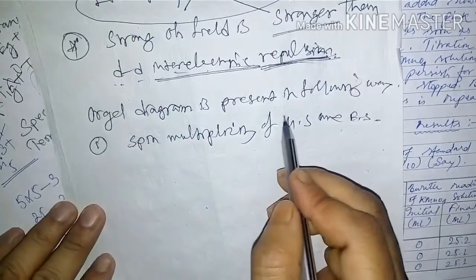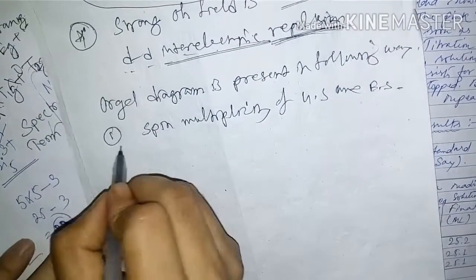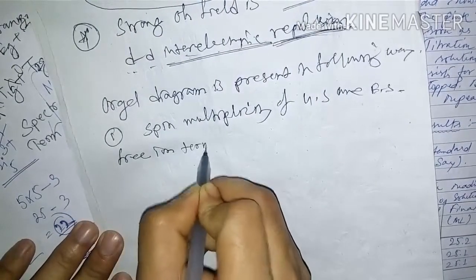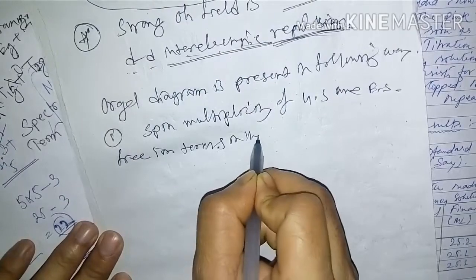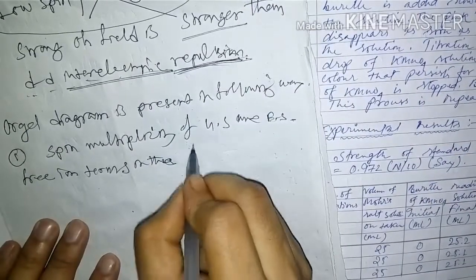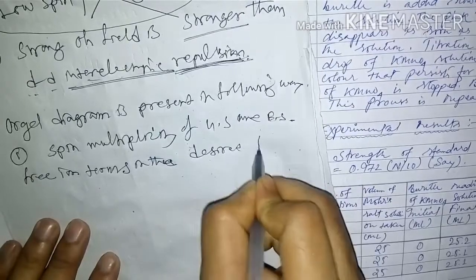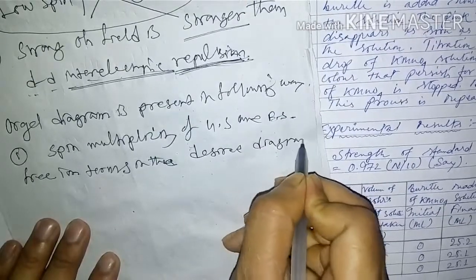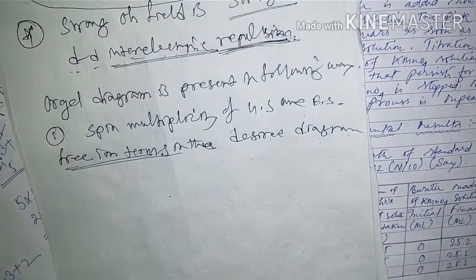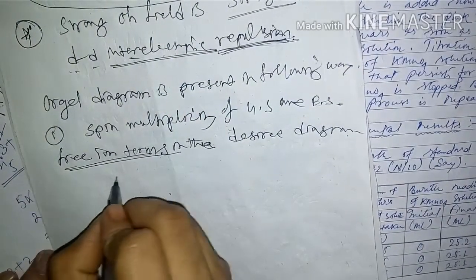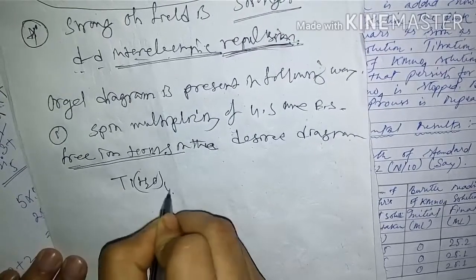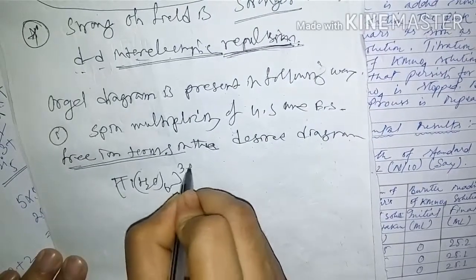Ground state and excited state free ion terms in the desired diagram. Now this free ion terms means, suppose you can use this one, Ti(H2O)6 3+.